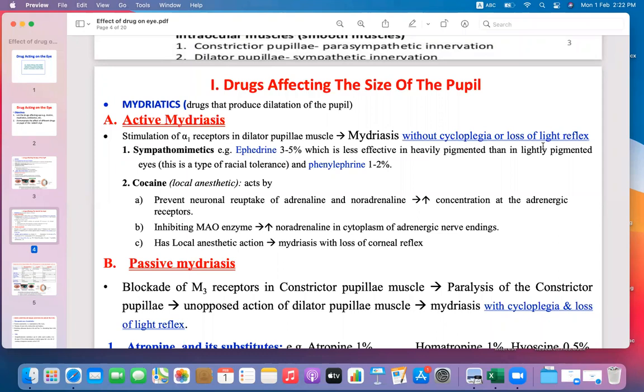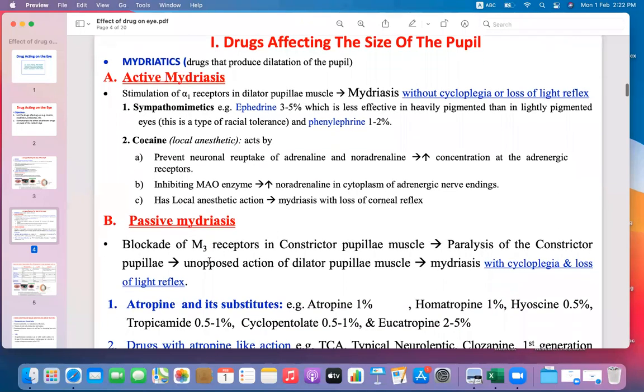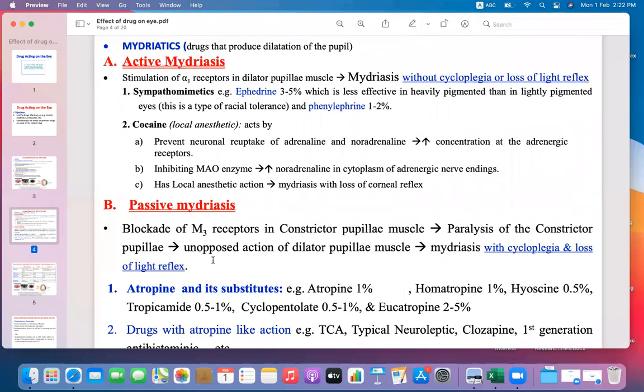This is the main difference between active mydriasis and passive mydriasis. In passive mydriasis, there is mydriasis with cycloplegia and loss of light reflex. With and without: these two terms are very important. In active mydriasis, without cycloplegia or loss of light reflex, but in passive mydriasis, with cycloplegia and loss of light reflex.